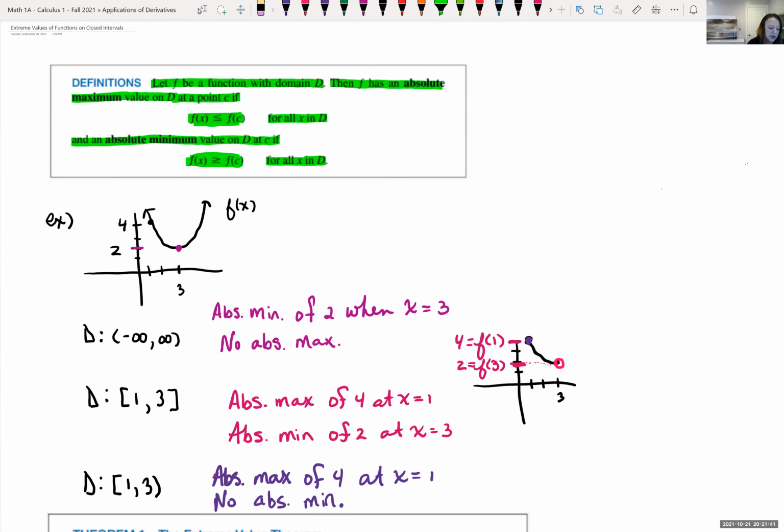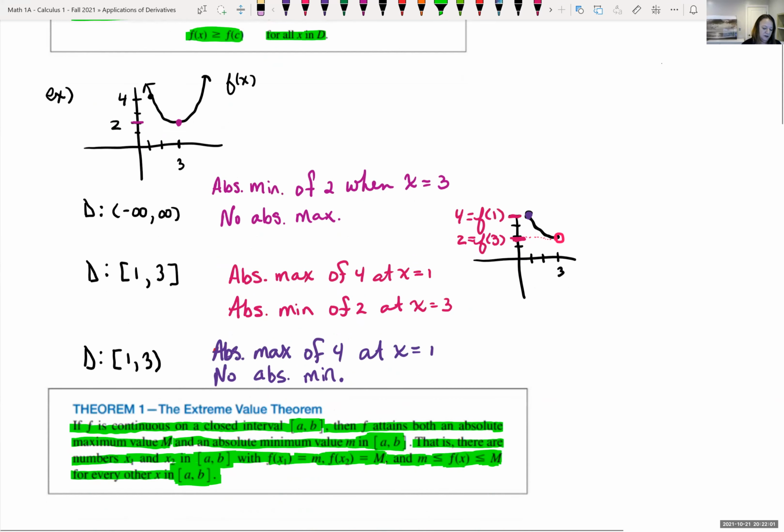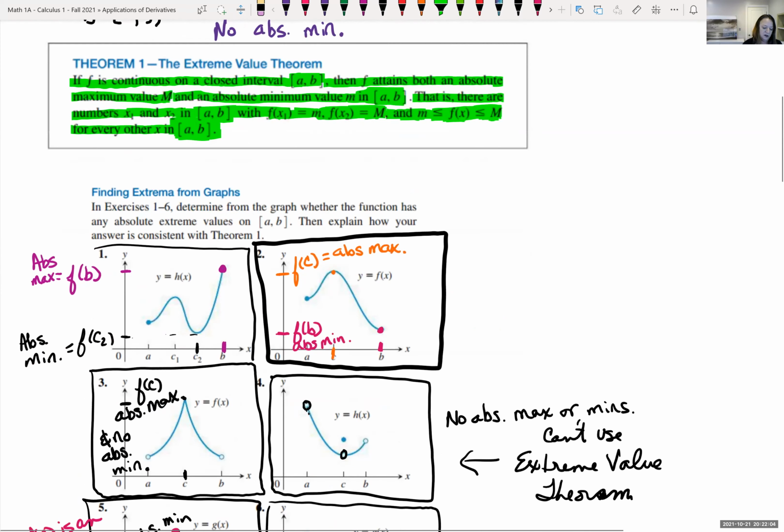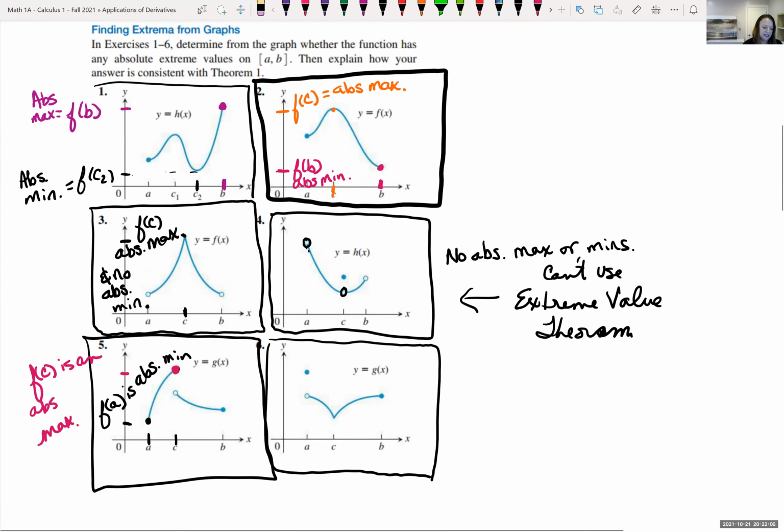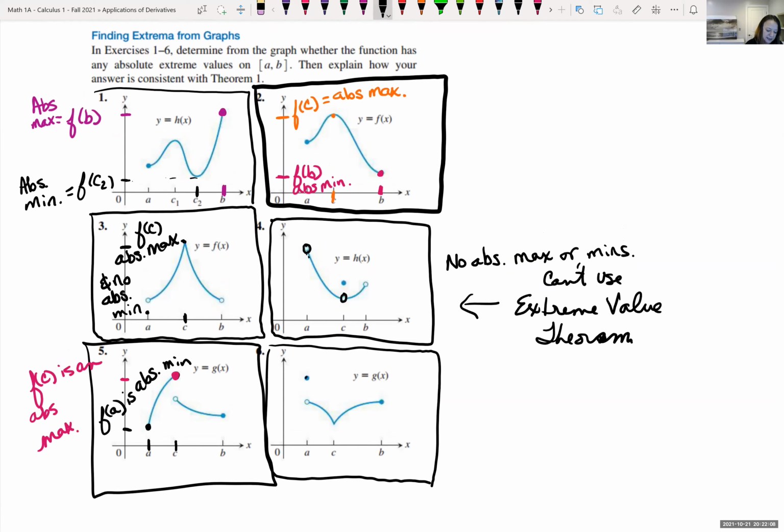Okay, so let f be a function on a domain D, then f has an absolute maximum value on D at a point x equals c if that y value is bigger than or equal to all y values in the domain of x and D. So according to that definition, this is the highest y value.